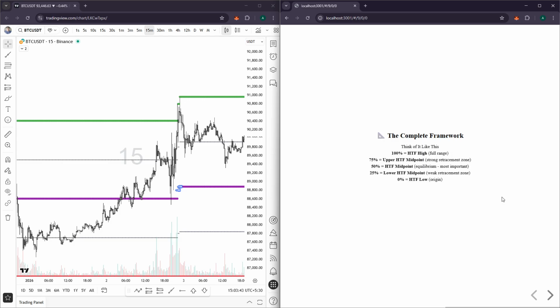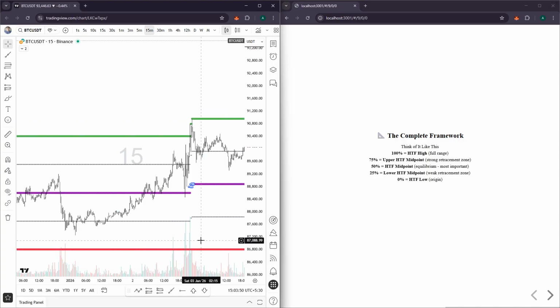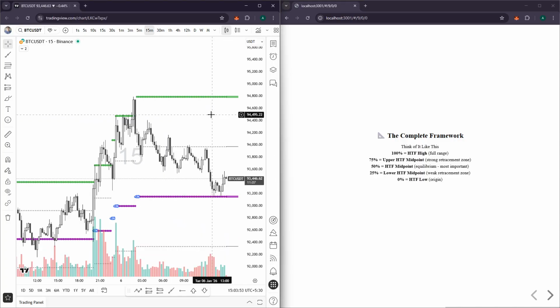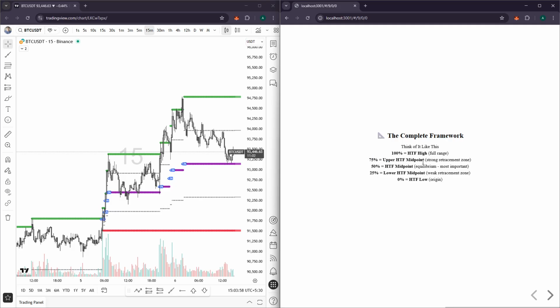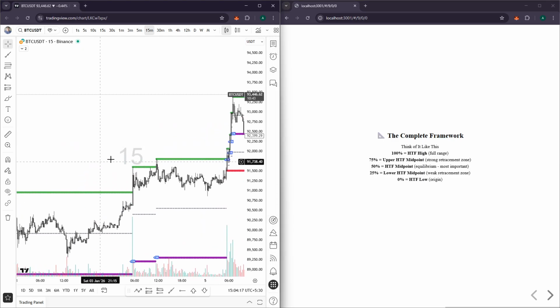So the framework is, think of this 100% from your HTF low to high as the full range. 75%, the upper midpoint, is your strong retracement zone. 50% is your HTF midpoint, which is equilibrium and the most important. 25% is your lower HTF midpoint, which is a weak retracement zone, and 0% is your HTF low origin.